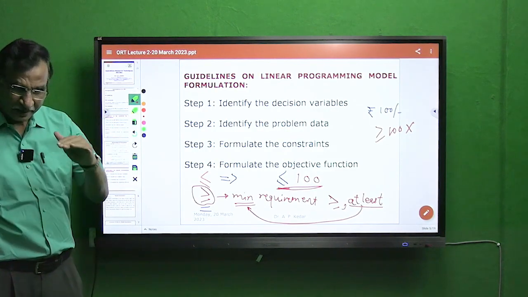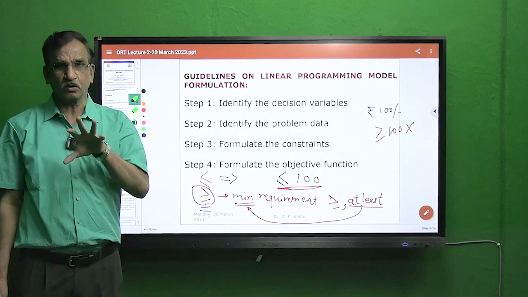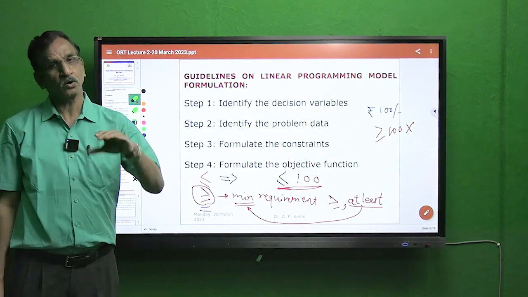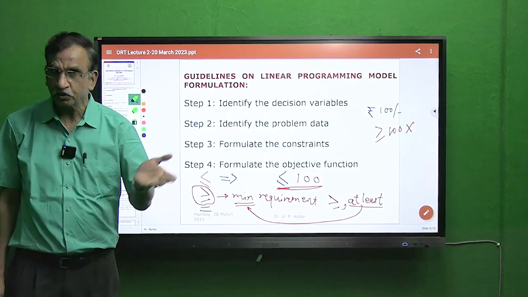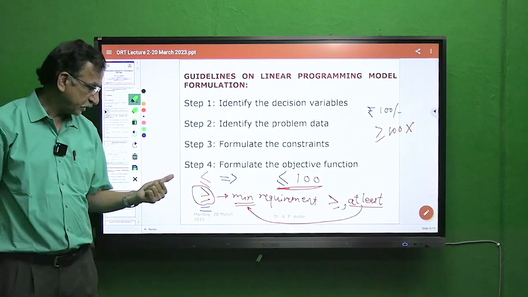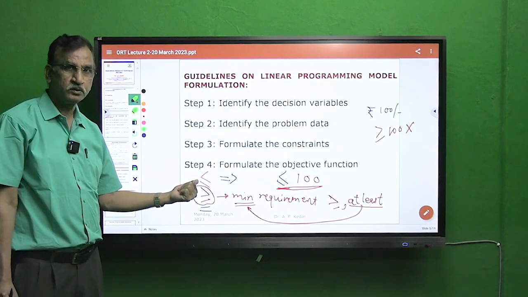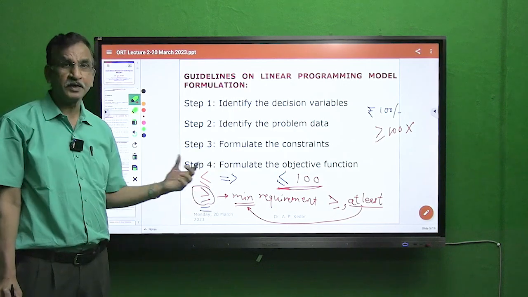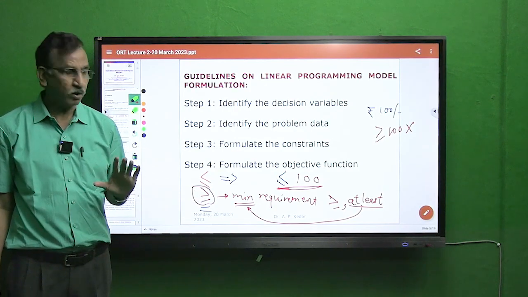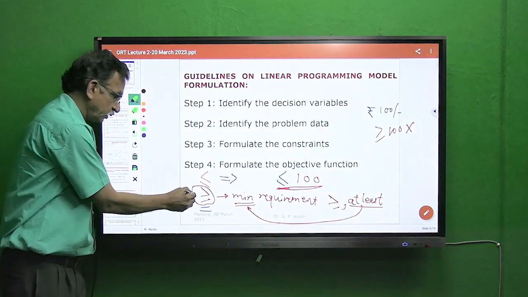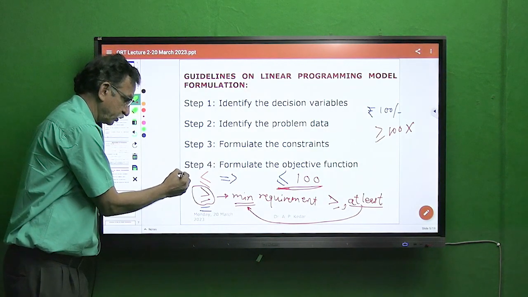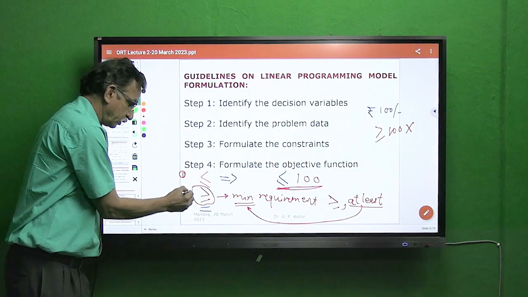If it is plain text, availability of raw material or maximum availability or not more than, use sign less than or equal to. If it is in the form of minimum availability or at least requirement, use sign greater than or equal to. This is first, this is second.